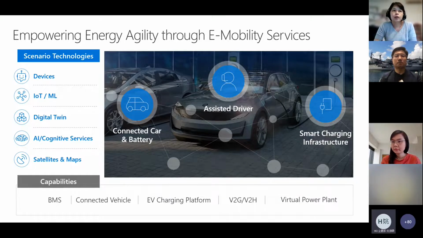Regarding the technology, we're going to talk more about how to apply digital twin to increase energy agility. It combines all kinds of metaverse technology, including device management, IoT, machine learning, AI and cognitive services, and of course road conditions, combining satellite data and map conditions into the whole e-mobility system.